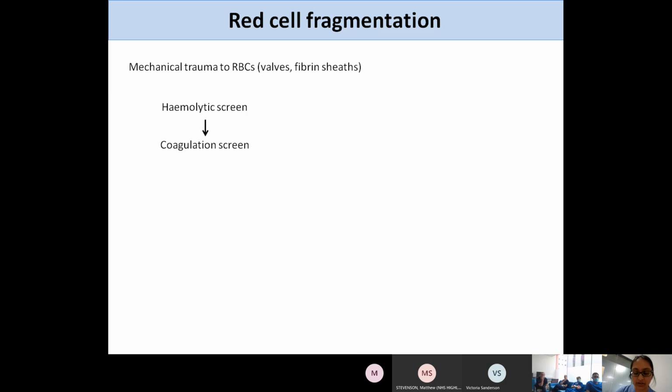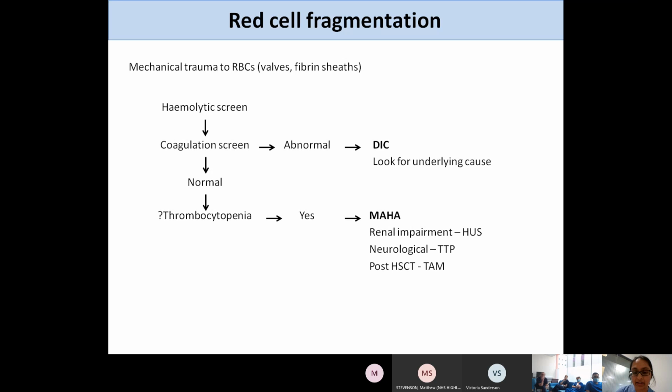I then look at a coagulation screen. If that is abnormal, this is likely to be DIC, and you look for an underlying cause and treat it because that's what's going to resolve the fragmentation. If clotting is normal, I look to see if there is thrombocytopenia. And if there is, then you're looking at a microangiopathic hemolytic anemia. If there's renal impairment, the likelihood is that it's HUS. If there's a neurological component, then that's usually TTP.